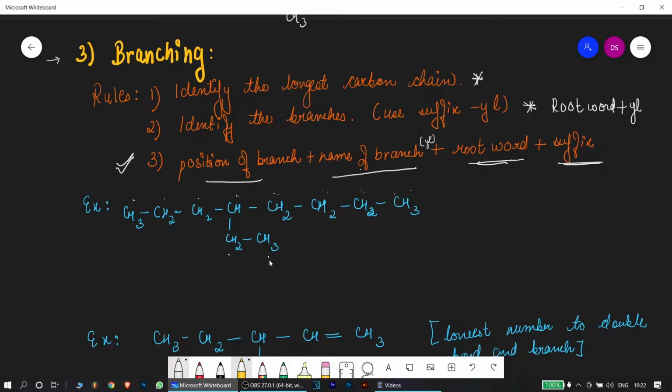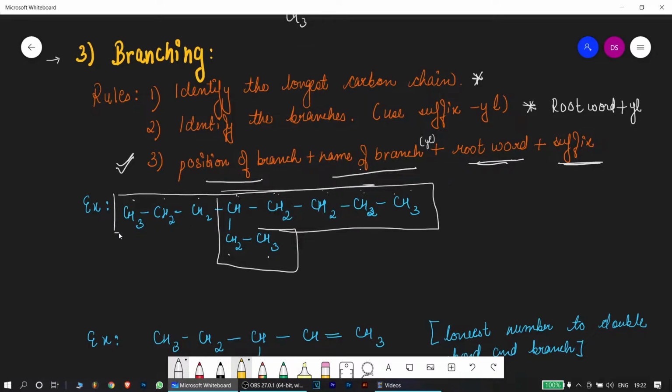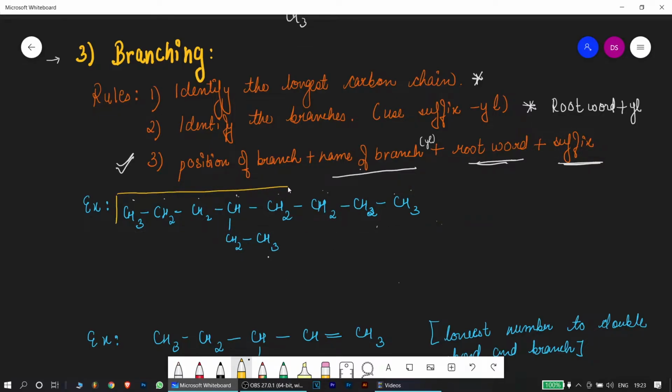This can also be a part, but this one is the 7-membered carbon chain, whereas this one is the 8-membered carbon chain, right? Clearly, then the longest chain is of course the 8-membered carbon chain, correct? So this is our longest straight chain, right? Now what we are going to do is we are going to start numbering the carbon.